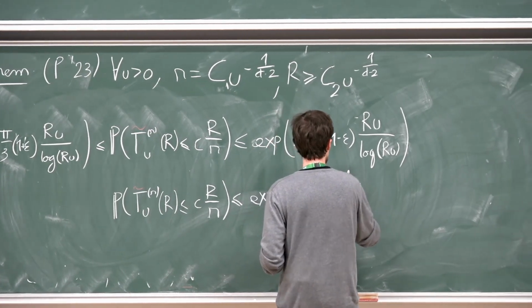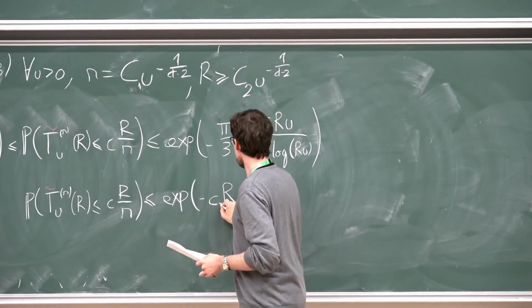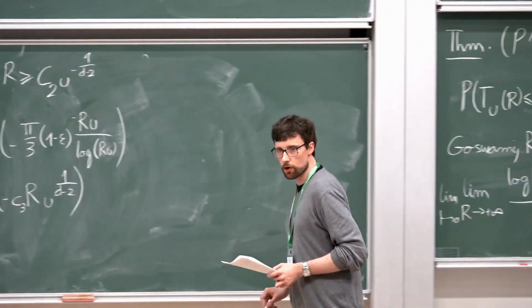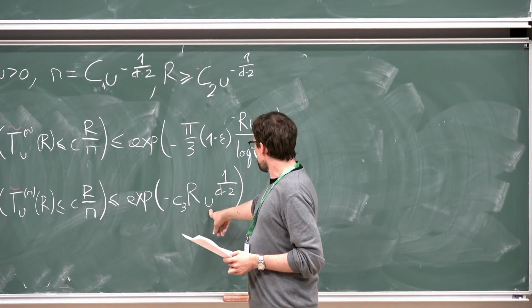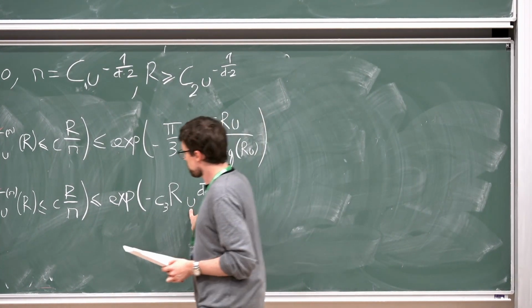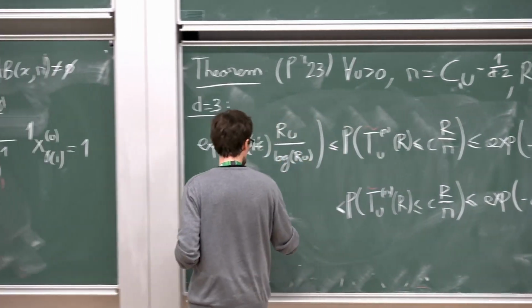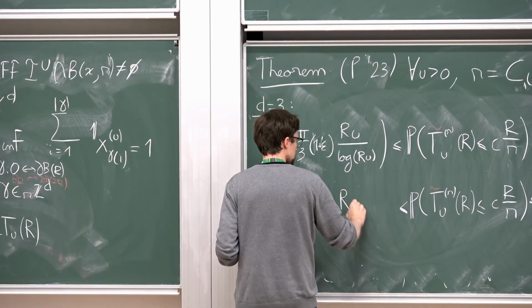But now you know exactly what your constant is. It's maybe a C3, but C3 now does not depend on U anymore. This is a fixed constant, and now you know that the dependency is U to the power of 1 over d minus 2, and you have the same for the lower part, with maybe another constant, but that does not depend on U anymore.